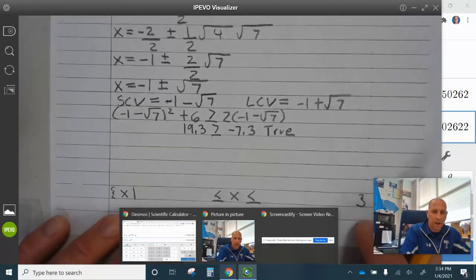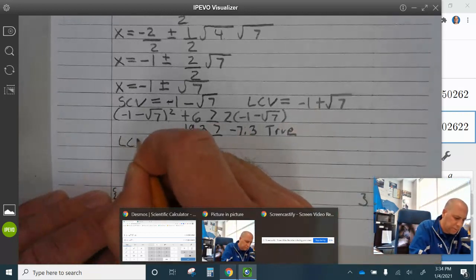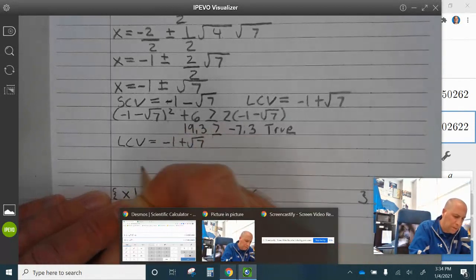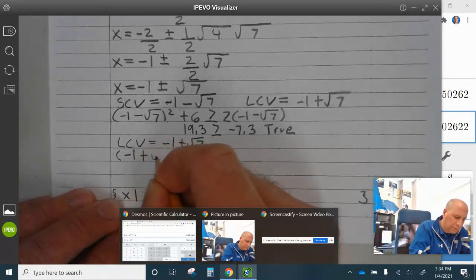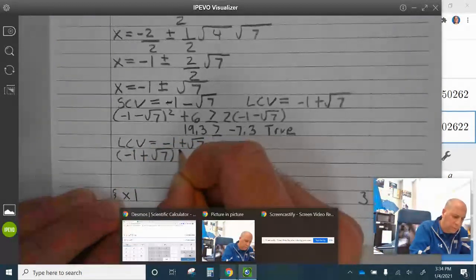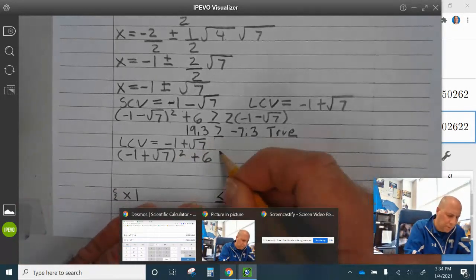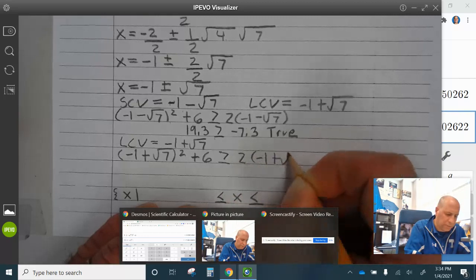Okay, now we need to test the large critical value. So that's parentheses negative 1 plus the square root of 7 squared plus 6 greater than or equal to 2 times negative 1 plus the square root of 7.